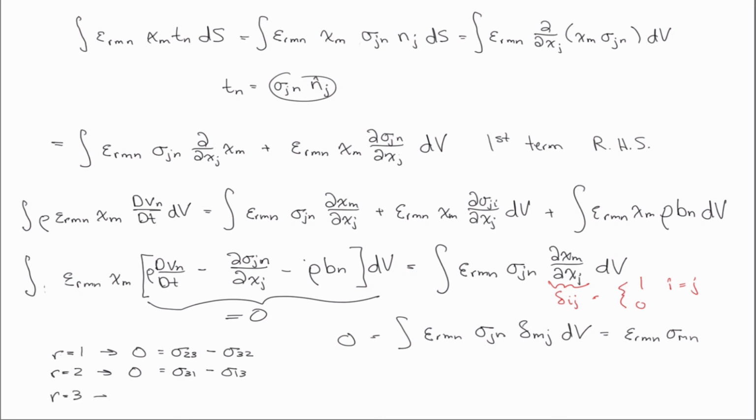And for r equal 3, you get sigma 1, 2 minus sigma 2, 1 is equal to 0. What does that tell you? It tells you that for angular momentum to be conserved, the Cauchy stress has to be symmetric, right? And so in other words, this is the result.